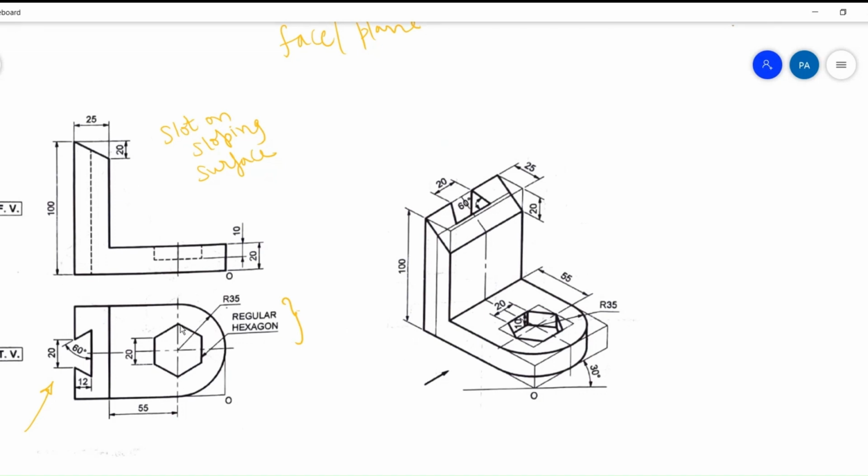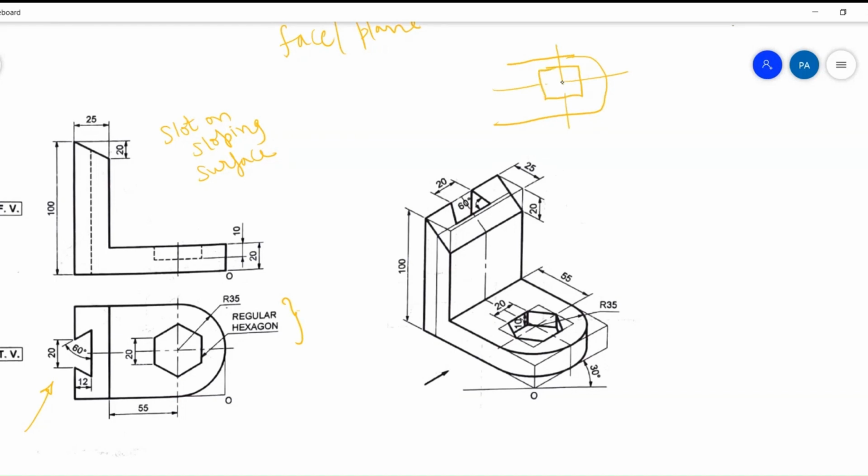Okay, first forget about the hexagon. Had it been a rectangular hole, how would it have been? Then it would have been like this. Somewhere here I will draw. So I will just draw the top view. And there would have been a rectangular hole like this. Then what would you have done?